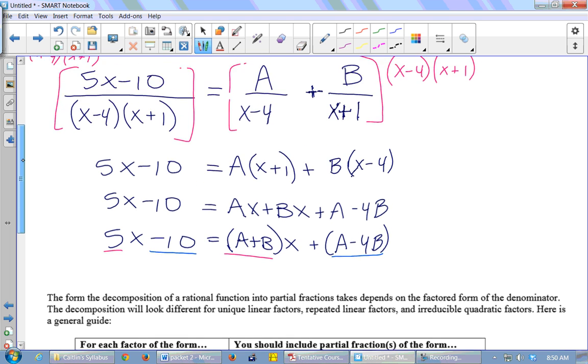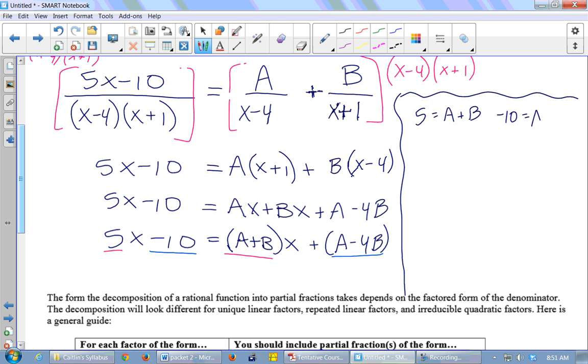There's no other way to make them equal. All right, so over here, I'm going to write 5 has to equal a plus b, and negative 10 has to equal a minus 4b. Now we have two equations with two unknowns. So now we can solve for a and b.